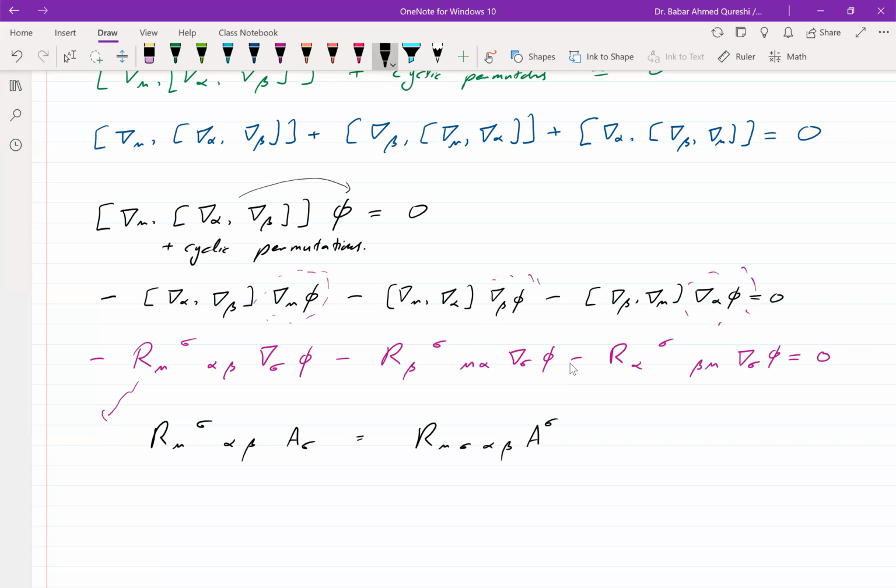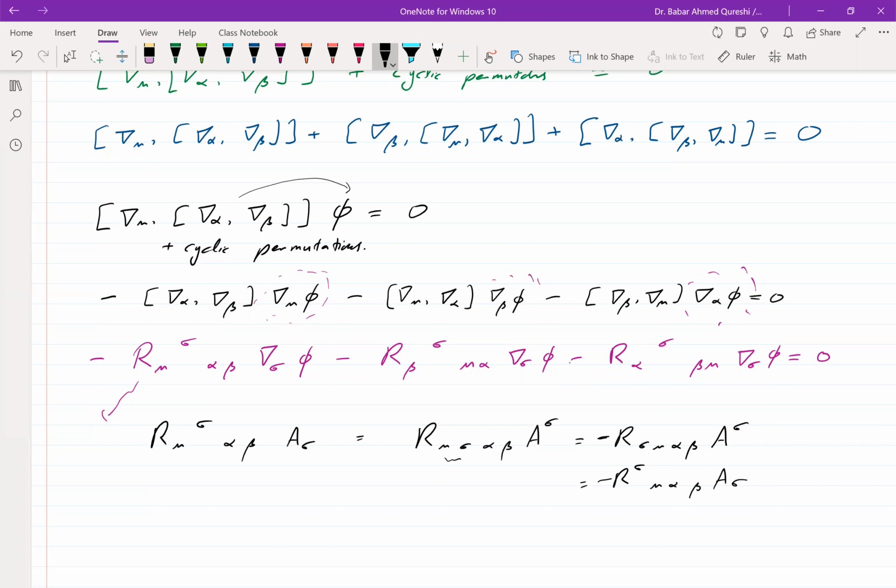Right? I just change the order of contraction. But now I know that they are antisymmetric in the first two. So I can do this. And now I can again, if I want, I don't have to, write it like this. Again, change the order of contraction. But when I reversed these, I got a minus sign.